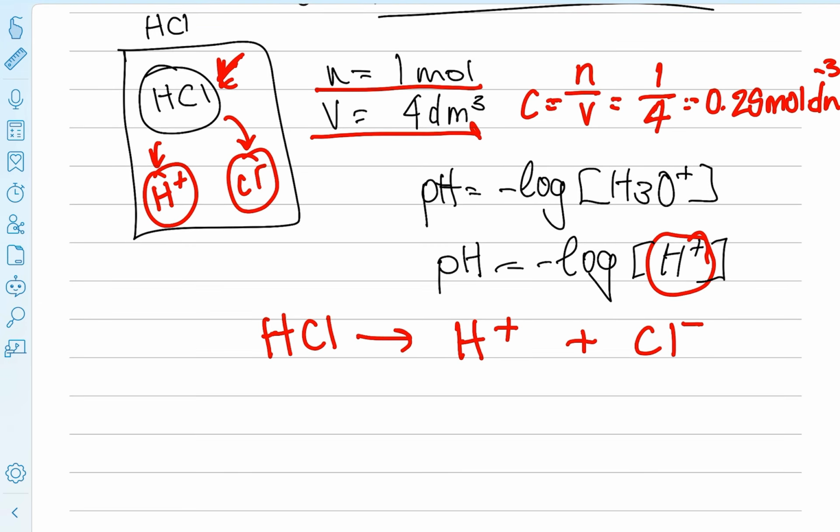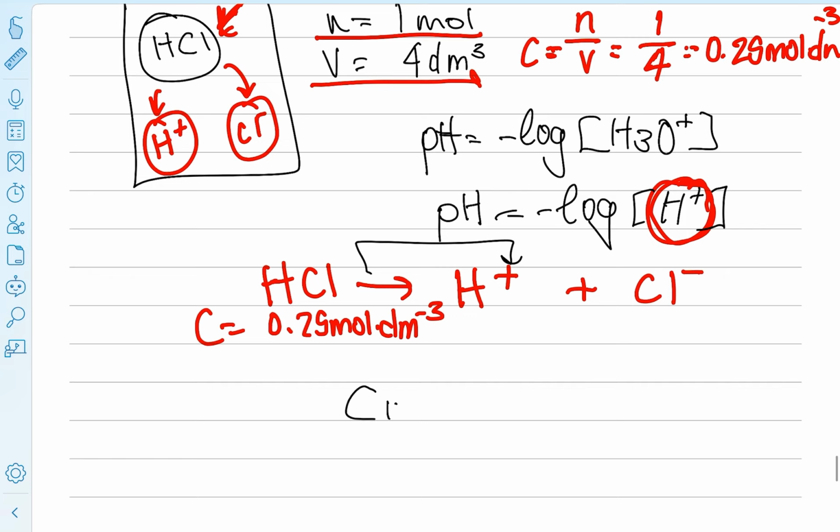We found the volume. We found the concentration. Now, how do we find the concentration of your hydrogen ions though? Because that's what we need for the formula. Because we're saying the concentration here is 0.25 moles per cubic decimeters. But what is the concentration there? Concentration ratio. That is what comes in now. We can say the ratio is 1:1. It's similar to the mole ratio.